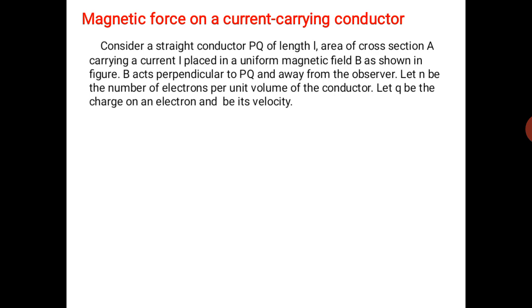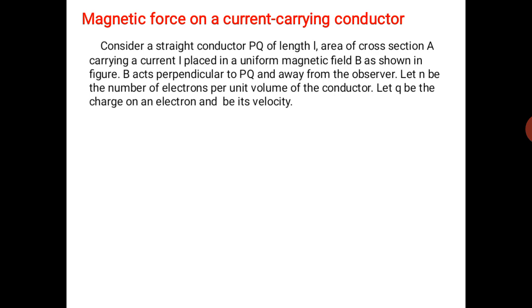When an electric current is flowing through the conductor, it means the charges are moving. Then definitely there is a force, that is magnetic force, which acts on the charged particles.